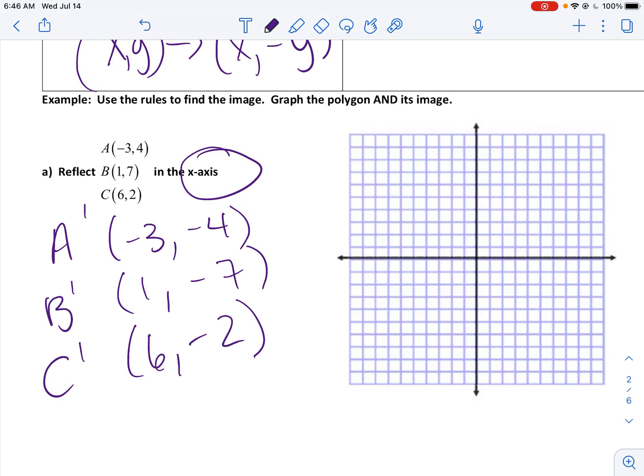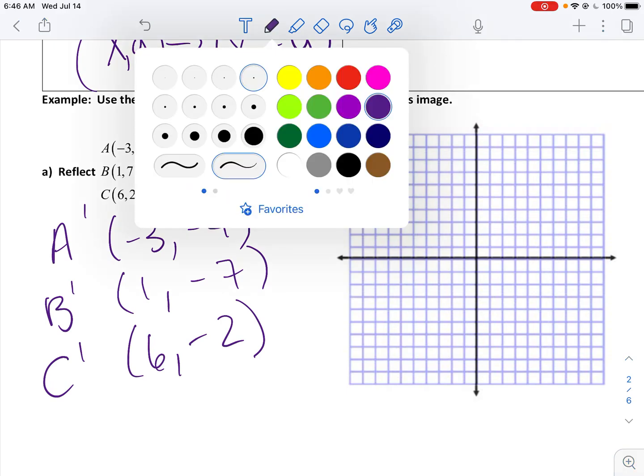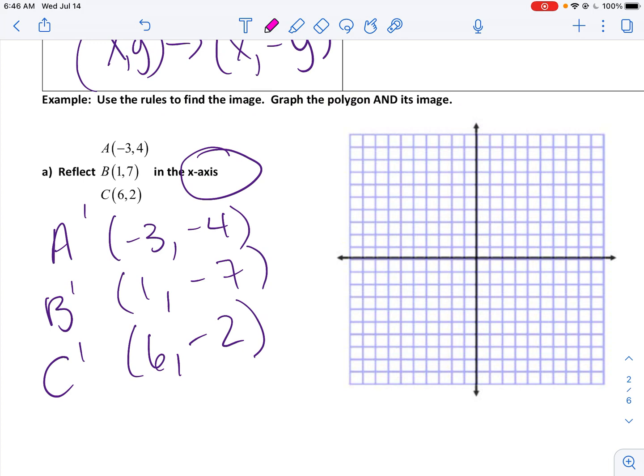Now, I'm going to graph this. So -3, 4. So I'm going to go up by 1s. So -3, and up 4.